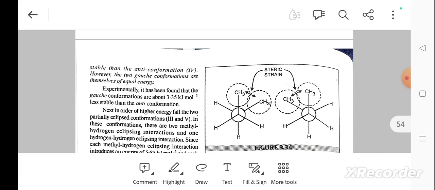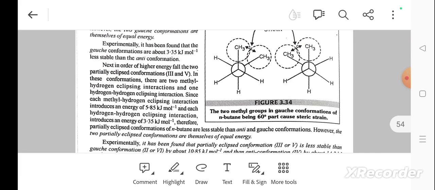However, the gauche conformations are themselves of equal energy. Experimentally, it has been found that the gauche conformations are about 3.35 kilojoules per mole less stable than the anti conformation.